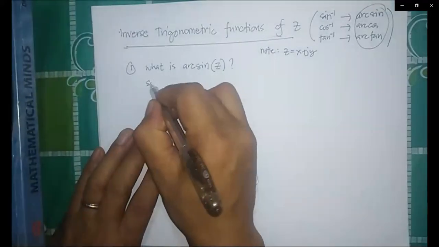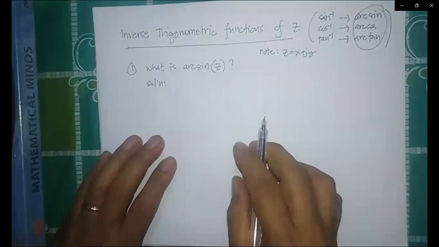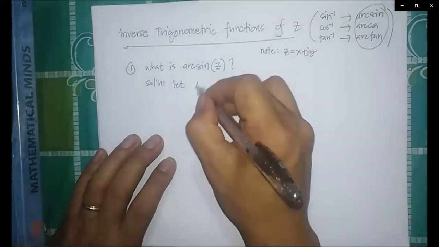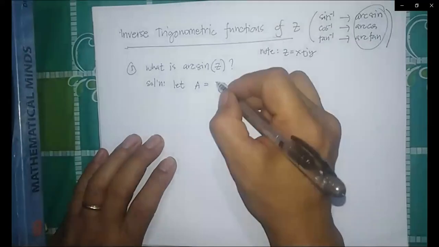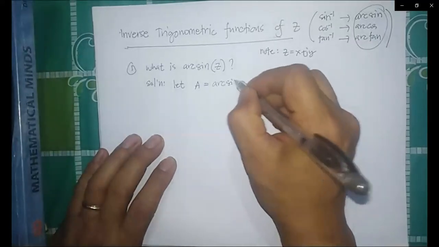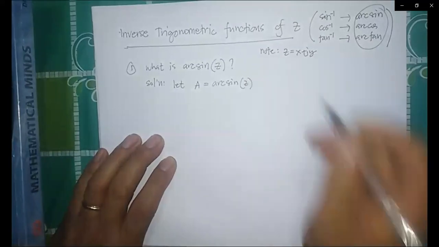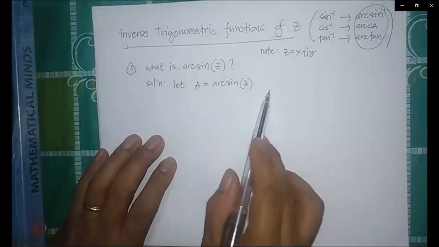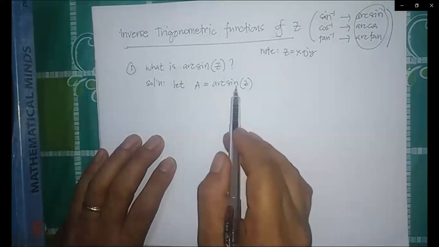Our solution will start by letting arc sine of z equal to the variable a. So in this case, a is equal to arc sine of z. Take note, z is equal to x plus jy.